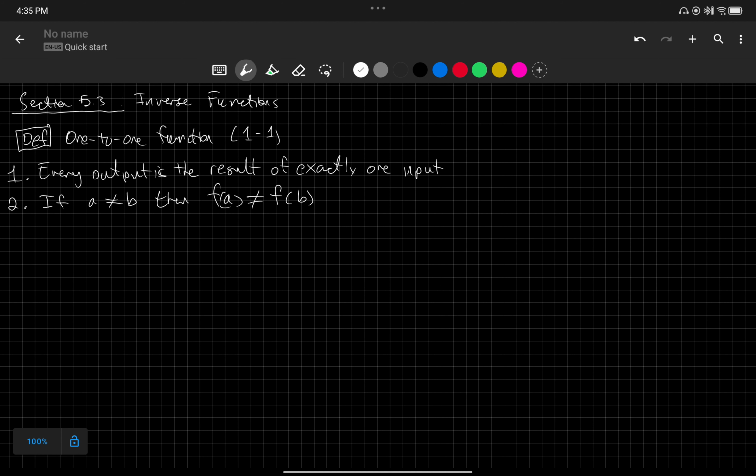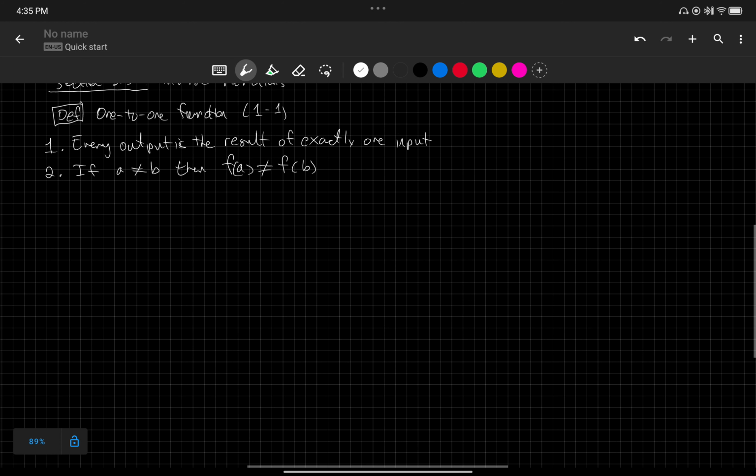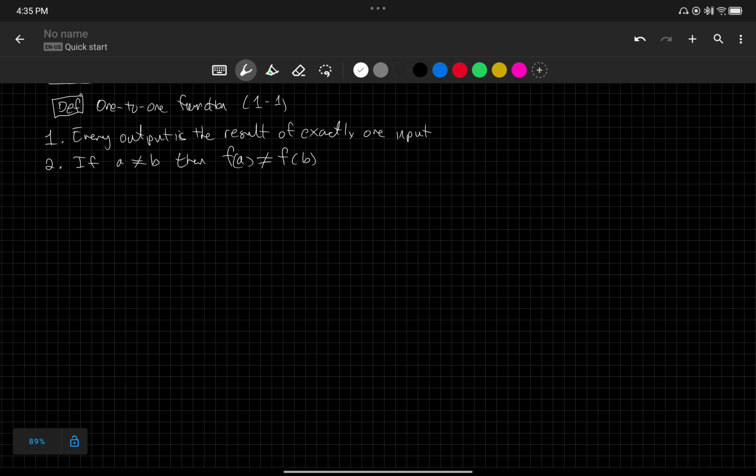So if we want to look at a little picture, usually we use what's called an arrow diagram. So we draw these little circles here, and then I'm just gonna make up some numbers: -1, 0, and 1, let's say.